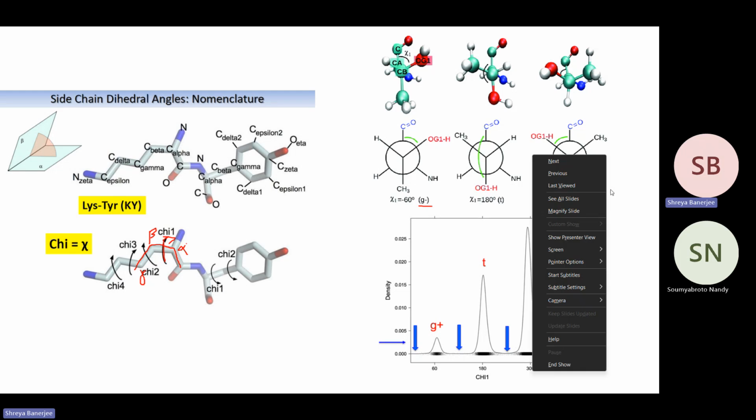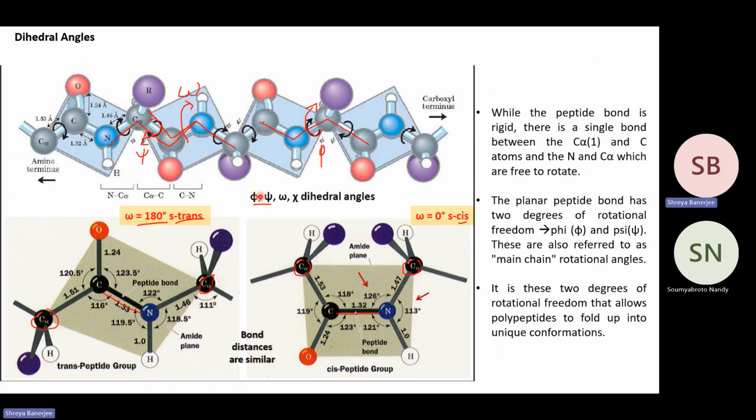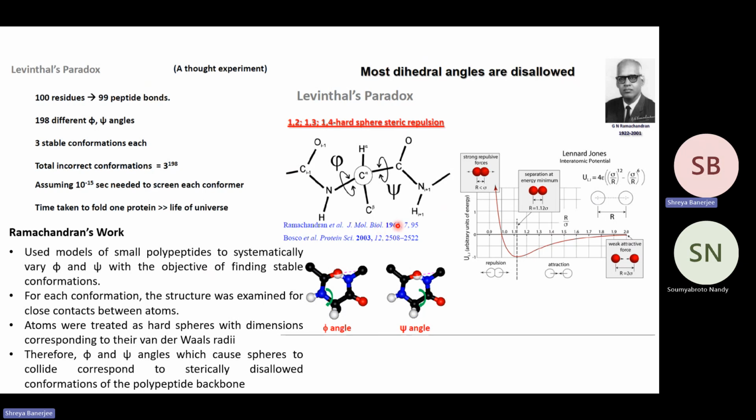And there is G plus. Again, we don't need to go into the details of this. These are just different dihedral angles in the side chains of the amino acids. But the important ones are the phi and psi dihedral angles we talked about here. Now, why these are important, we'll go into that.